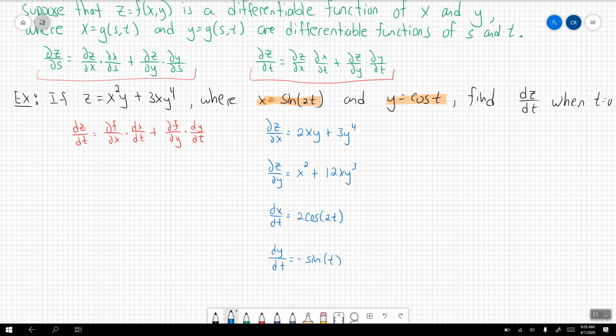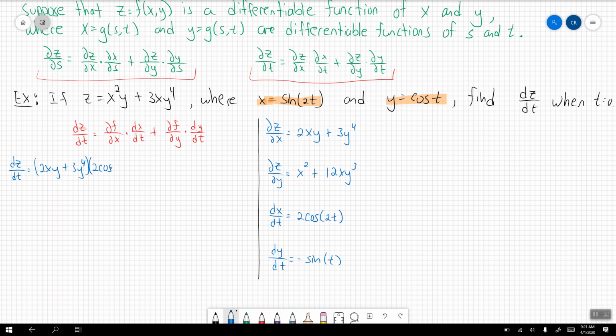So now that we have all of these derivatives in play, we can go through and start using our substitutions. All right. So coming over here to the total differential, let's split this here. Here we go. So the total differential that we're going to look at for the function with respect to t is going to be the partial of f with respect to x, and that's going to be 2xy plus 3y to the fourth, multiplied by the derivative of x with respect to t.